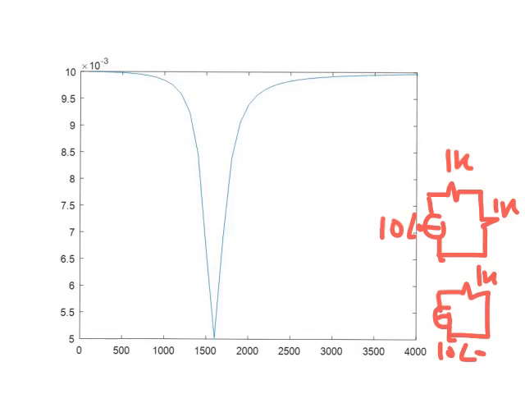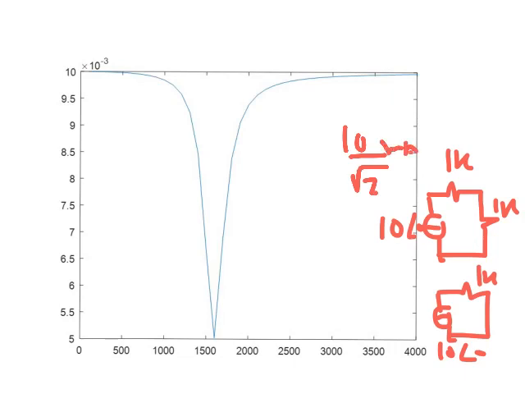The cutoff frequencies, by definition, are the frequencies at which the response drops to 1 over square root 2 of its peak value. Our peak value here is 10 milliamps, so I have to drop to 10 over square root 2 milliamps.